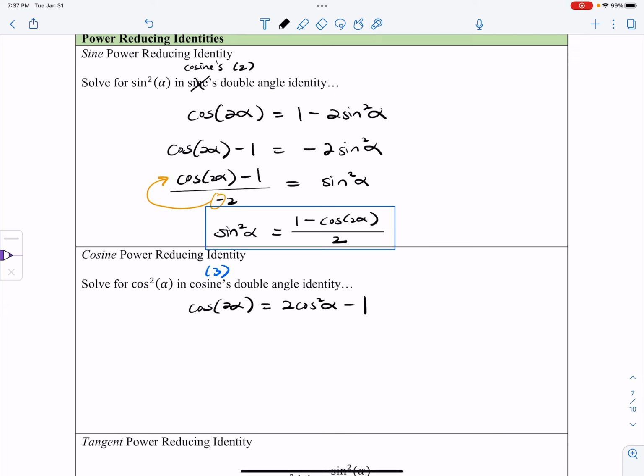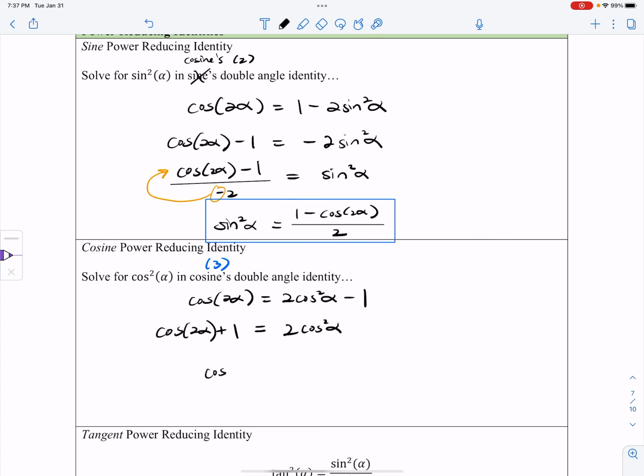And again, we're just going to solve this time for cosine squared. So that'll be cosine 2 alpha plus 1, and then dividing by 2, I'm going to flip this around again. So cosine squared alpha is equal to cosine 2 alpha plus 1 divided by 2.